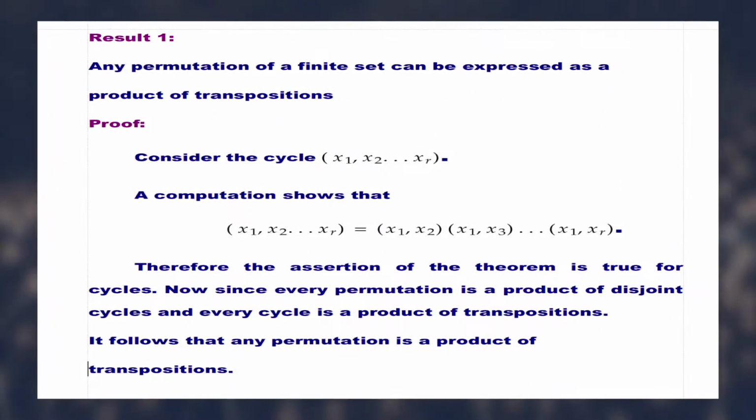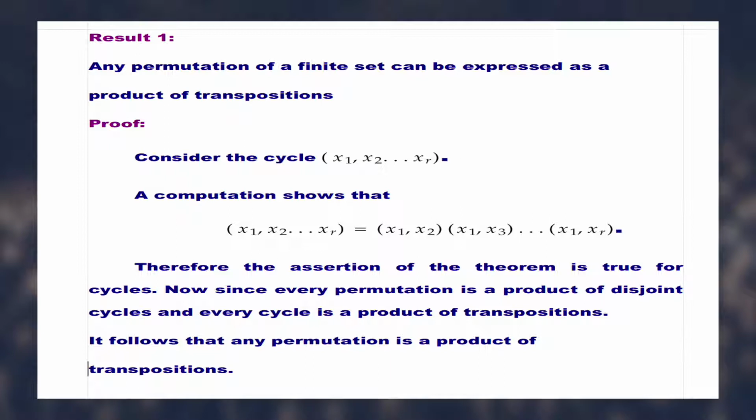Now let's see some results. Result 1: any permutation of a finite set can be expressed as a product of transpositions. Let us prove this. Consider the cycle (x1, x2, ..., xr). A computation shows that (x1, x2, ..., xr) is equal to (x1, x2)(x1, x3)...(x1, xr).